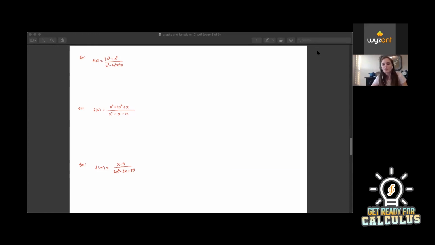Okay, so we got a request for logarithmic graphs. Let me switch to a clean whiteboard. The most common logarithmic graph that you're going to see is y equals ln of x. So let's sketch out what that looks like.